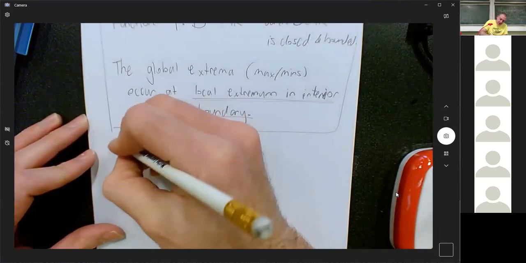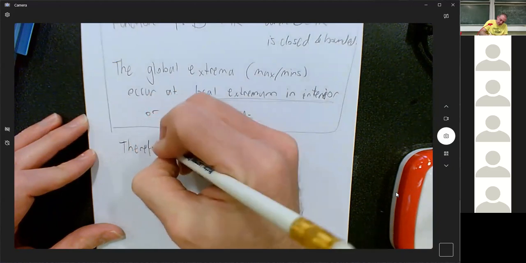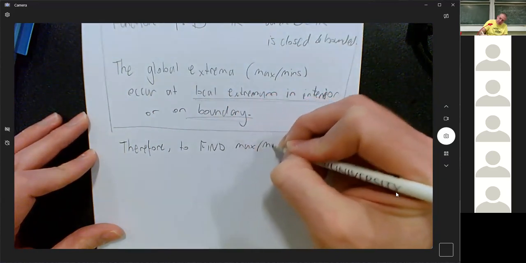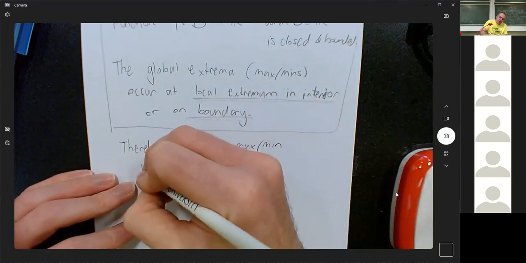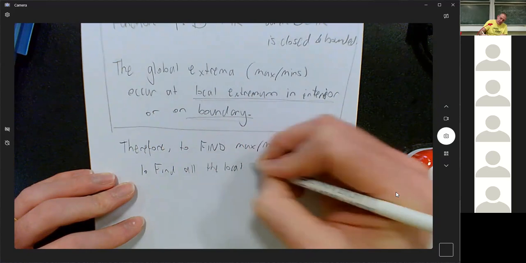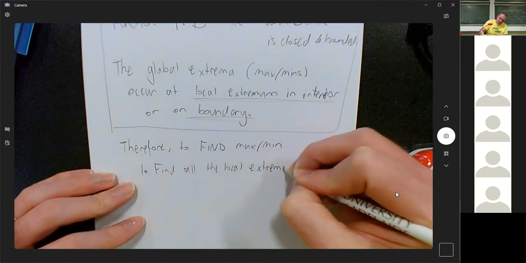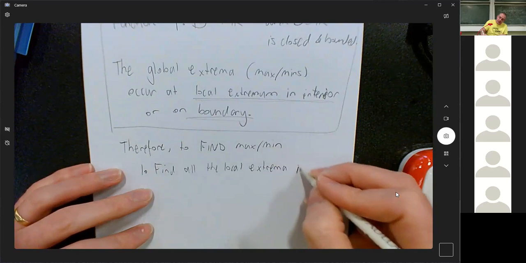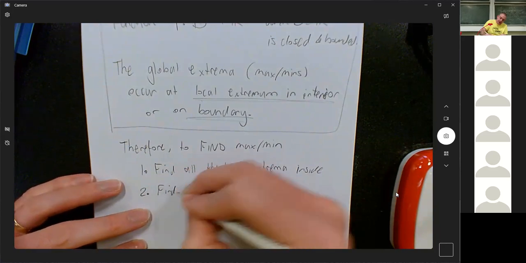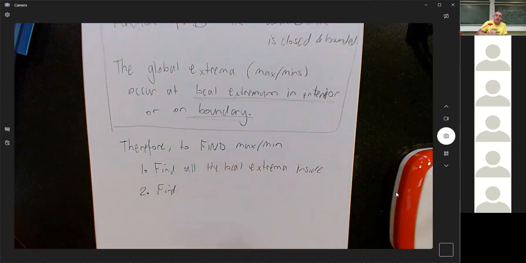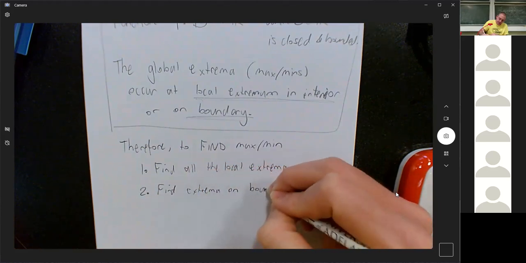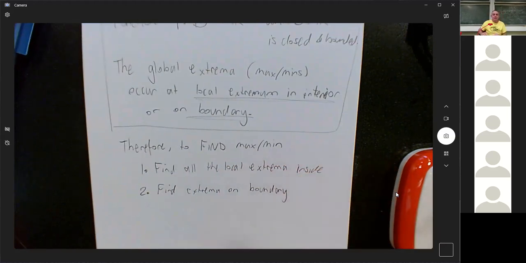So therefore, to find the maximum and minimum, you have to, 1, find all the local extrema inside, and 2, find the maximums and minimums on the edge. Okay, cool.